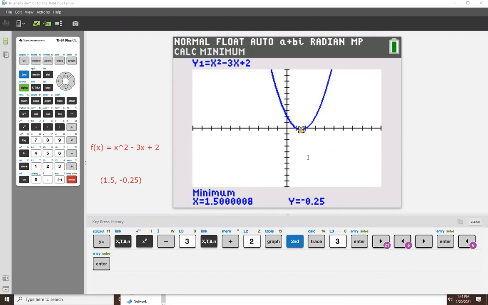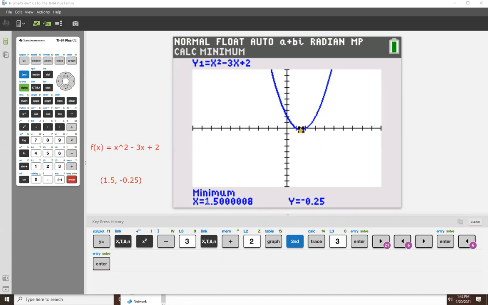When you do min and max, the calculator is notorious for getting very close to the right answer, close enough that you can tell what the calculator meant. Now, sometimes it will give you the exact answer. It will say 1.5 and that's it. But often that is not the case, as we're seeing right here.